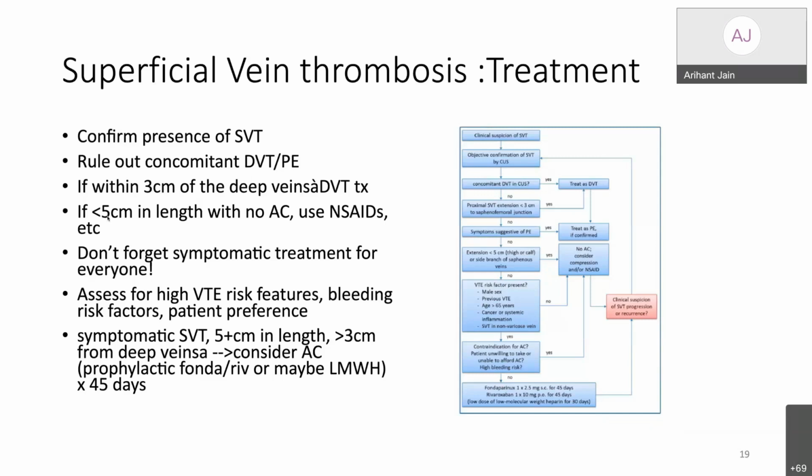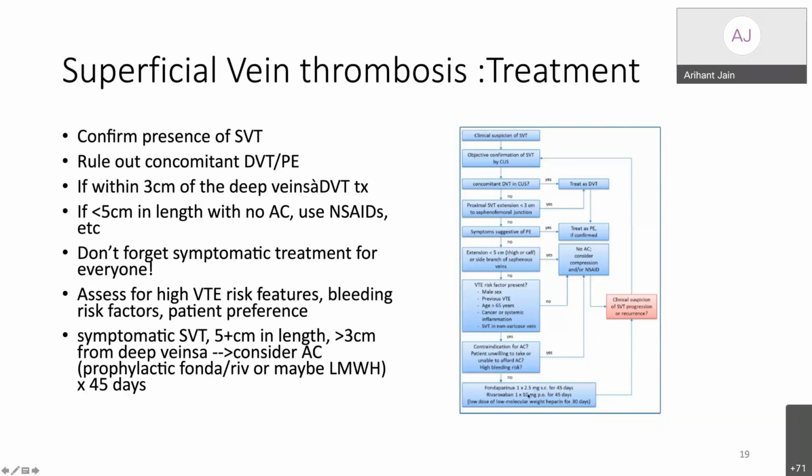But if there is any superficial vein thrombosis which is within 3 centimeters of the saphenofemoral junction, or which is long, more than 5 centimeters in size, or if the patient has any of these risk factors, like male sex, cancer, or it is in non-varicose veins, and there are no contraindications to anticoagulation, then typically you will give it for 6 weeks or 45 days.